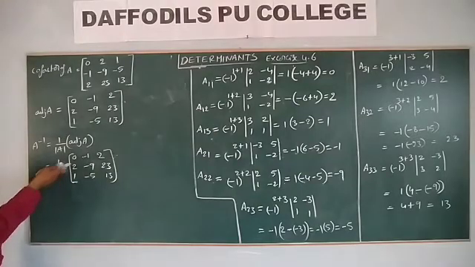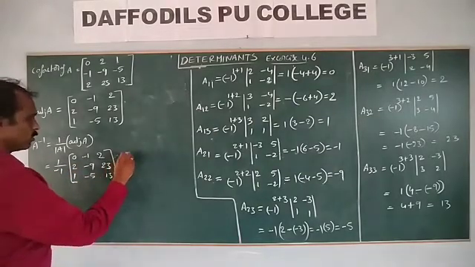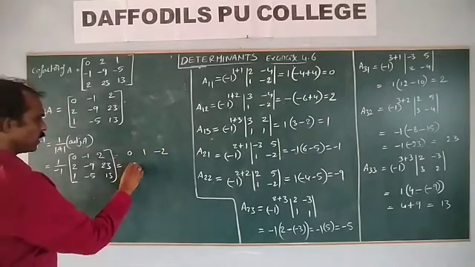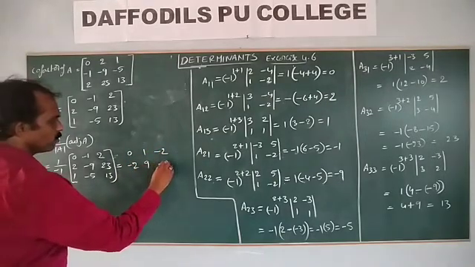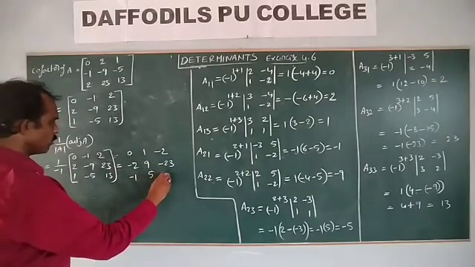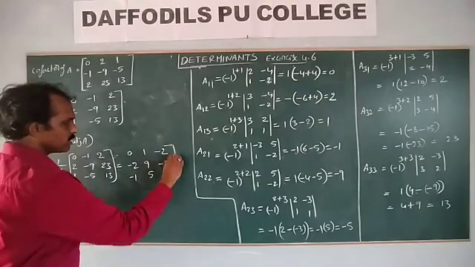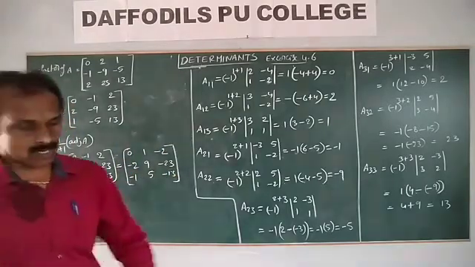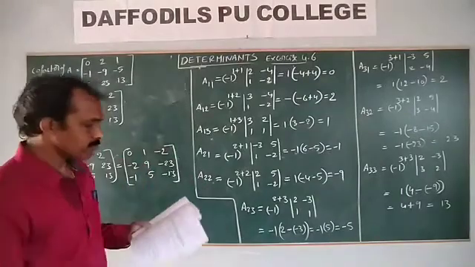Just only one sign you multiply, no problem. 0, 1, minus 2, minus 2, plus 9, minus 23, minus 1, plus 5, minus 13. This is the A inverse. Okay, completed A inverse. They ask what next?